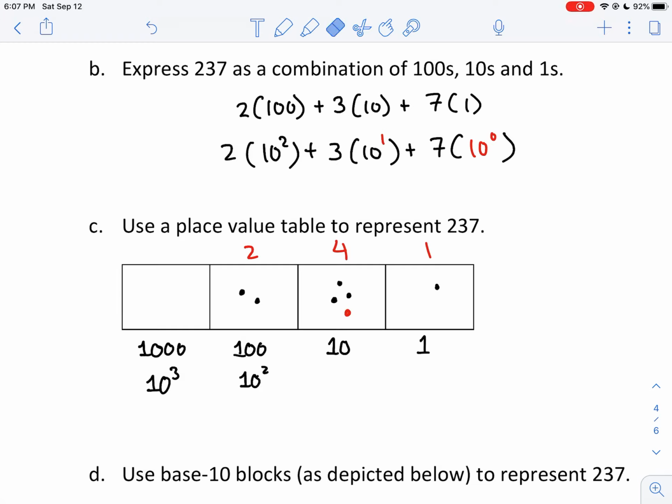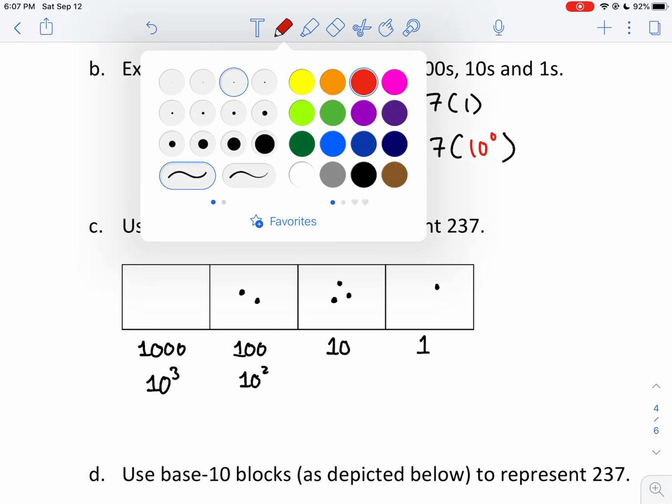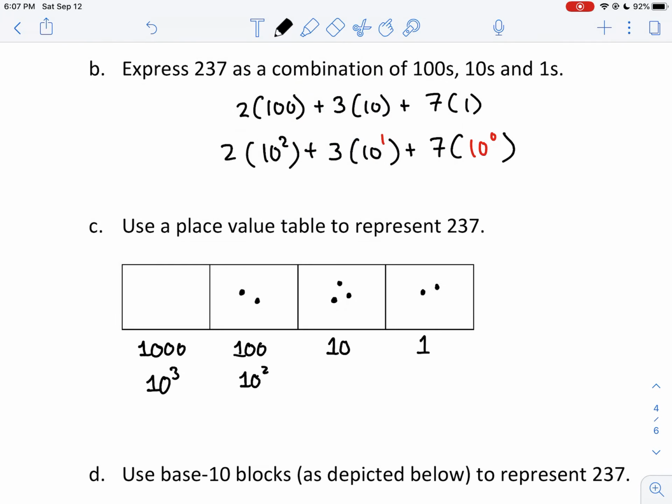But the idea here is that the reason I'm showing you this ahead of time is that in any one box, you can never have more than 9 dots. Right? So look at this one right here. Currently there are 7. I could put an 8th and a 9th, but as soon as I do a 10th, then all of these would move over, collapse, delete, and result in 1 new dot appearing in the tens position, leaving nothing left in the ones in that case.